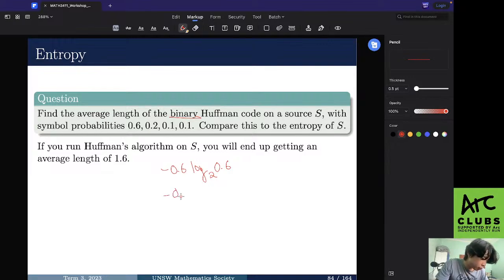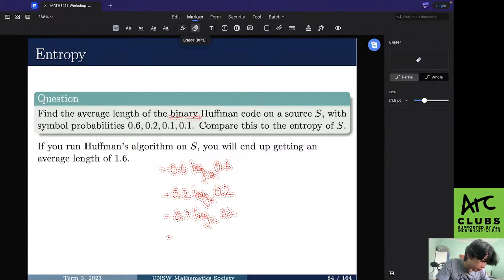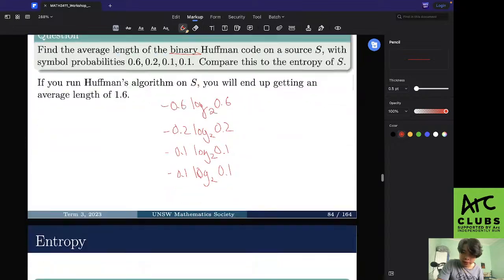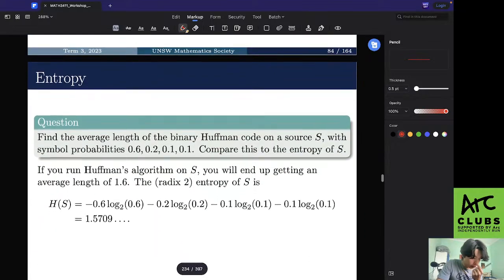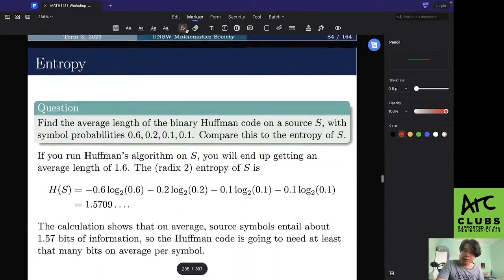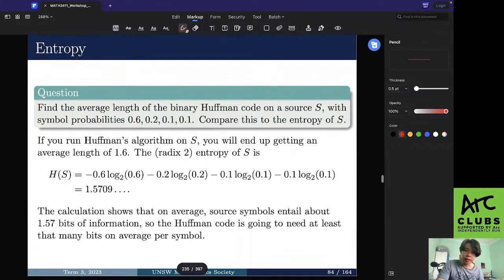We add that to the second probability's information, the third probability's information, and the fourth probability's information. And if we sum this all up, we get 1.5709.